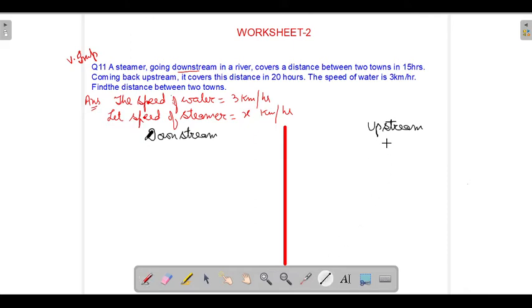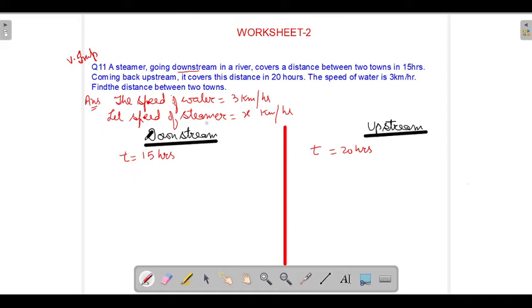For downstream, it covers the distance between the two towns in 15 hours, so the time for downstream is 15 hours, and for upstream, the time is given as 20 hours.